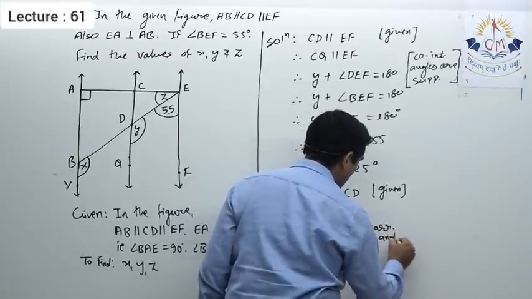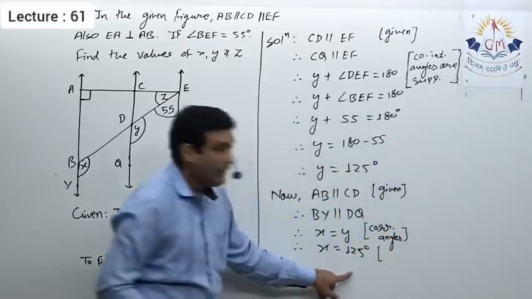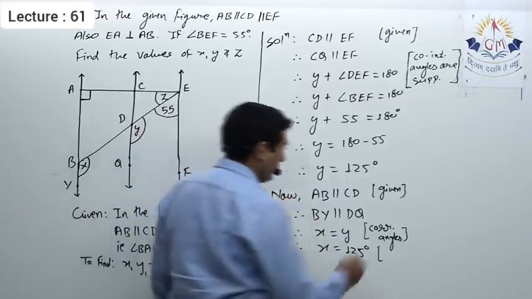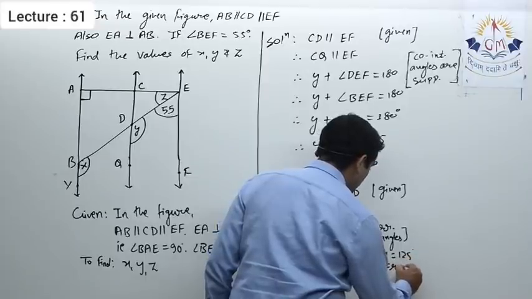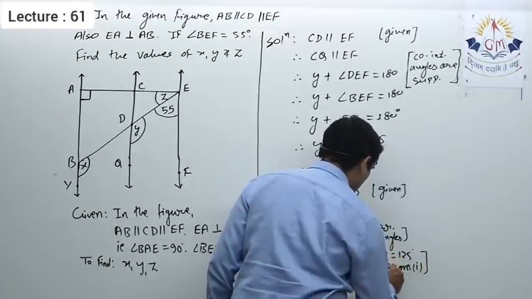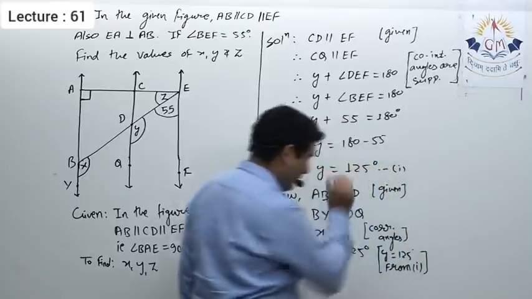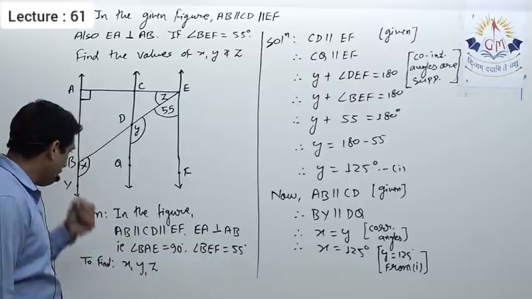They are corresponding angles, so X equal to Y, and in the place of Y I can put 125 because Y equal to 125 from the first. This was the first one. So here we got the value of X, here we got the value of Y.